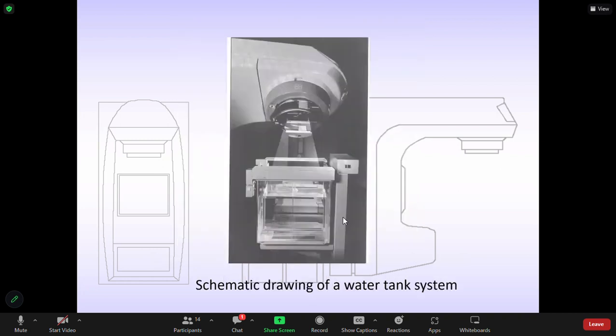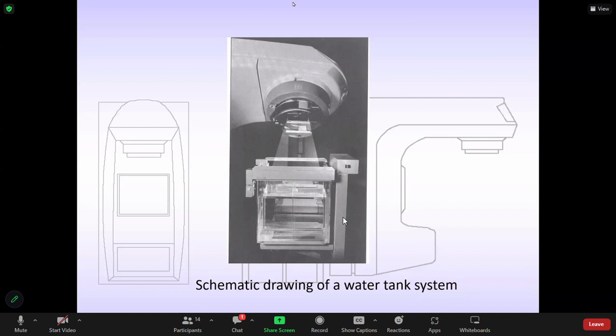So this picture is an example of a water tank type of measurement. And when do we use the water tank?